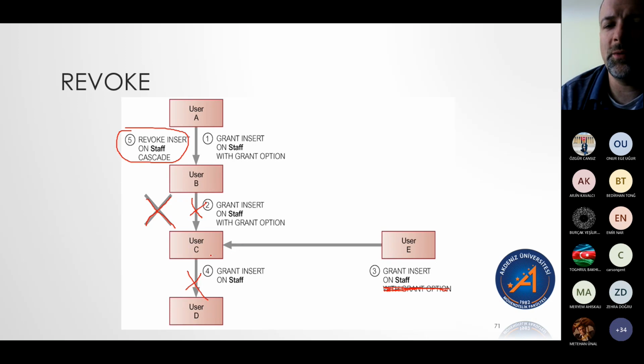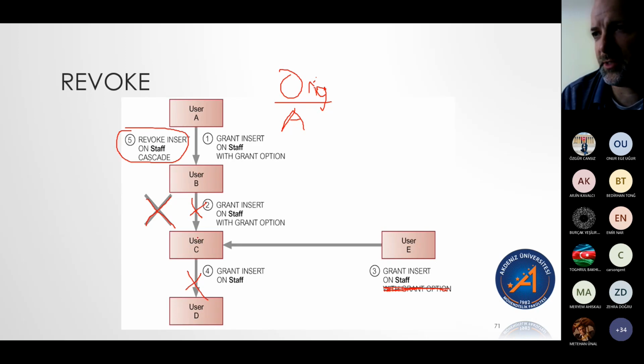So make sure you understand what I'm saying here. At the end of the way this works as it's shown in the original slide, the users that have insert capabilities are A, not B because it got revoked, C because it got it from user E, D because it got grant option from user E, and E also.